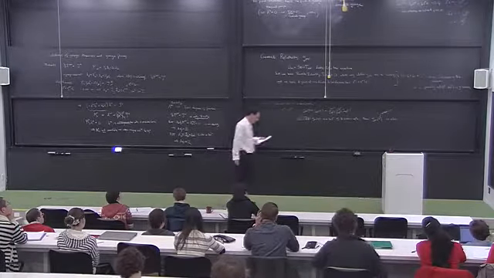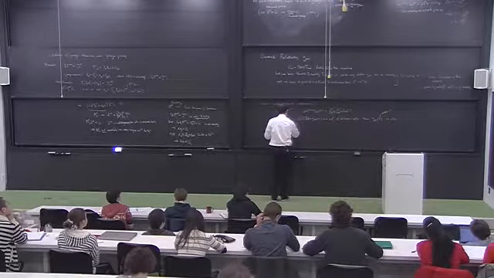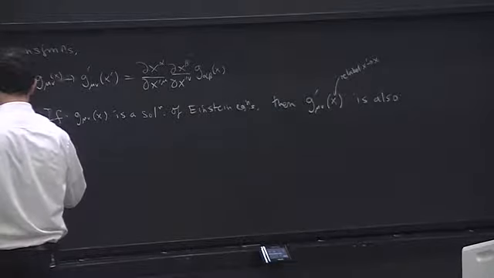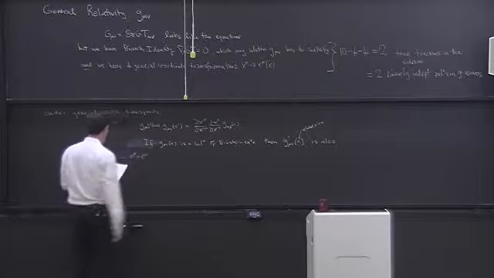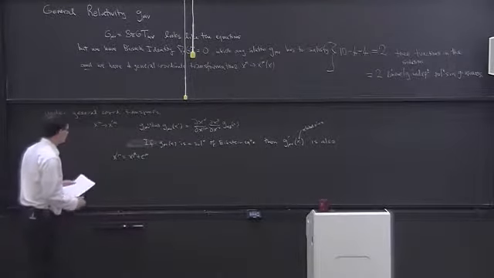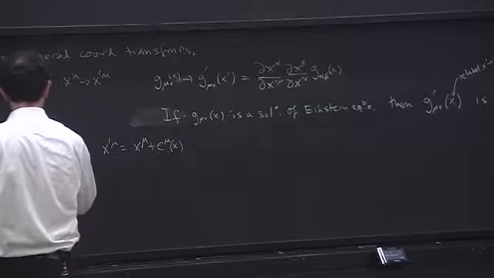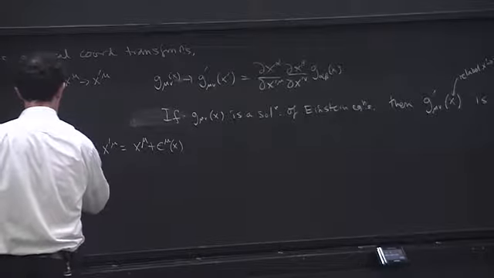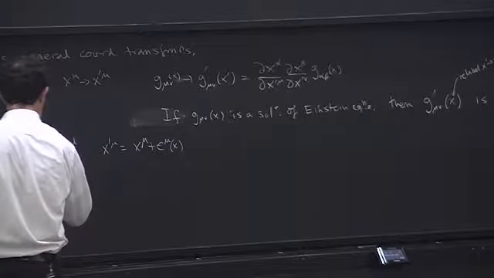And so let's calculate that change. Let's do an infinitesimal coordinate transformation, that x prime mu is x mu plus epsilon mu of x. That just means epsilon is small.